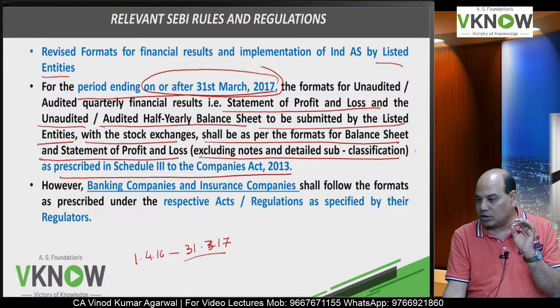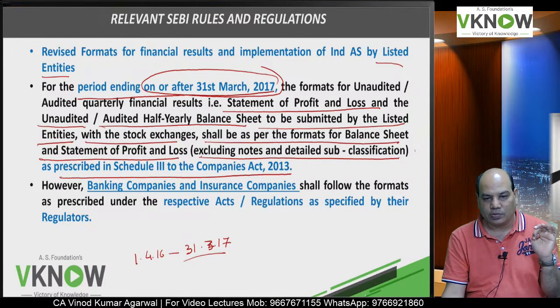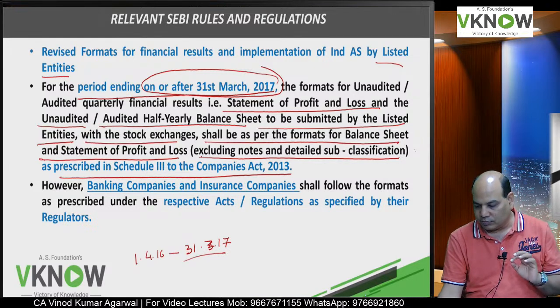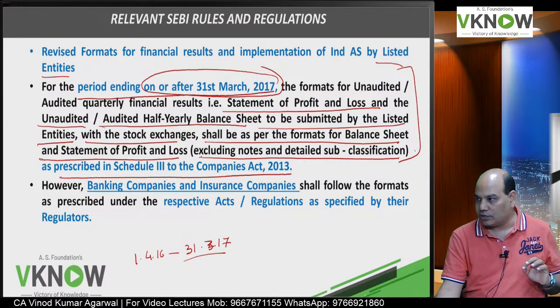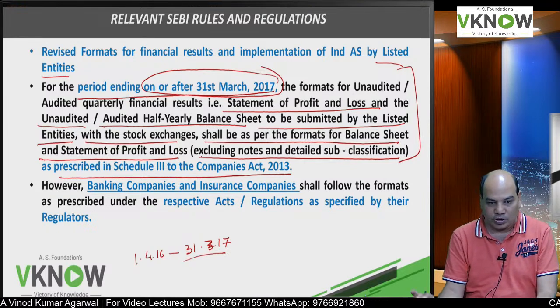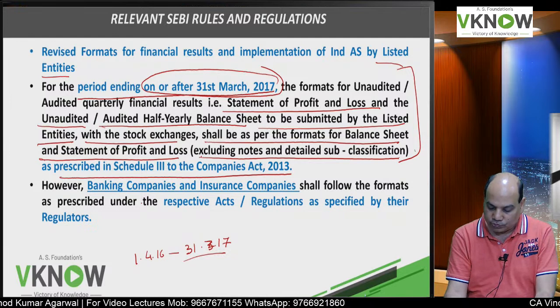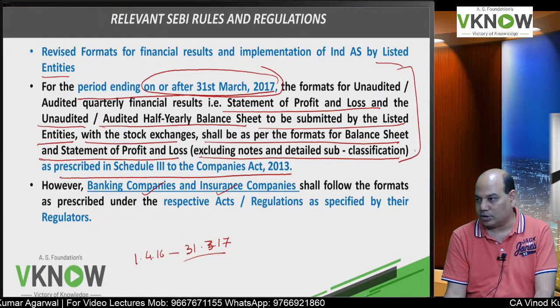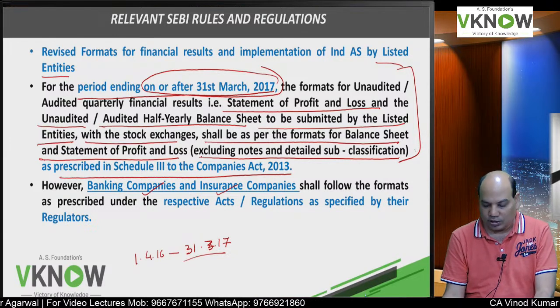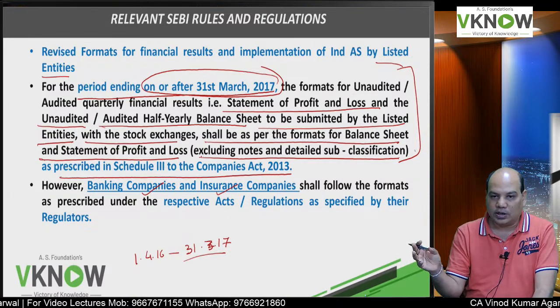So the financial statements submitted to the stock exchange will be as per Schedule 3, but this is not applicable to banking and insurance companies, because in India banking companies follow a different format.